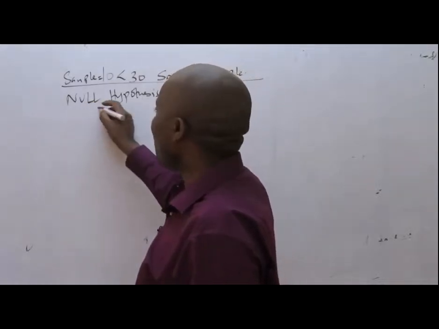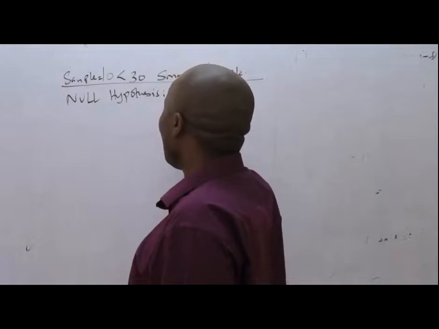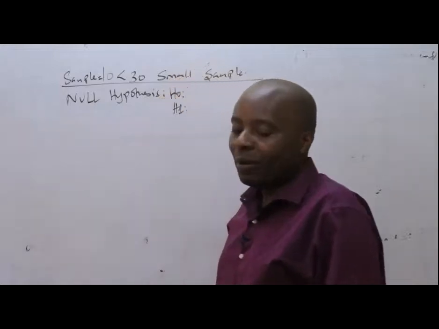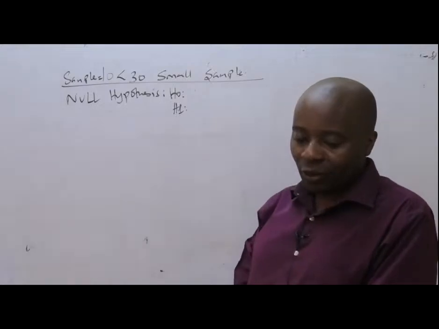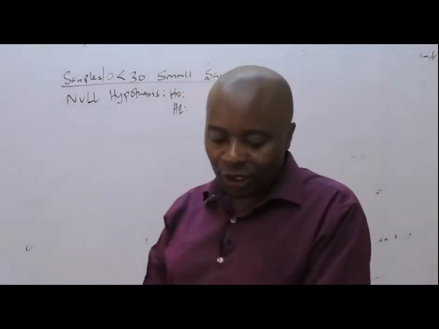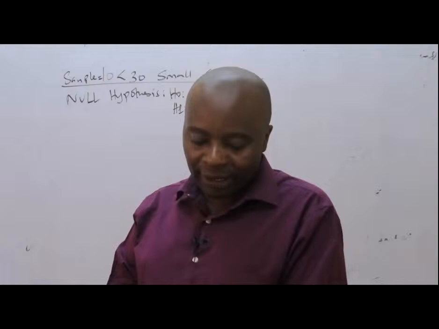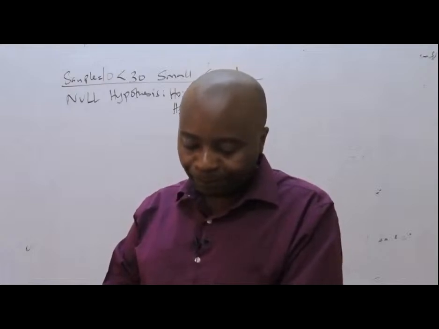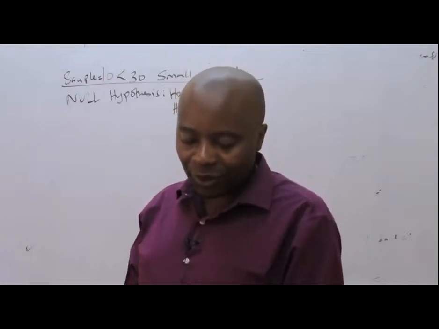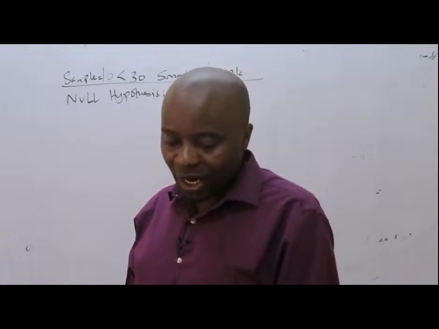And then of course we have our alternative hypothesis, which I would want to see whether there is anybody who will be able to put those down very easily. Could you kindly try putting down those metrics easily? What is a null hypothesis? What is the alternative hypothesis? Just try, we see.